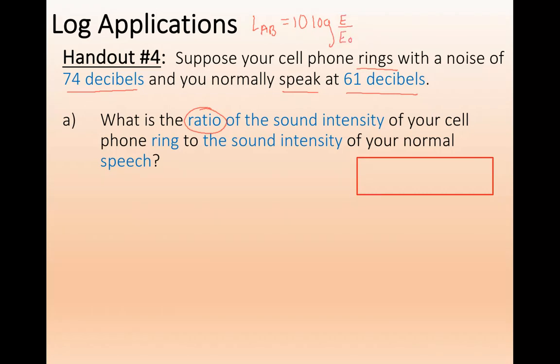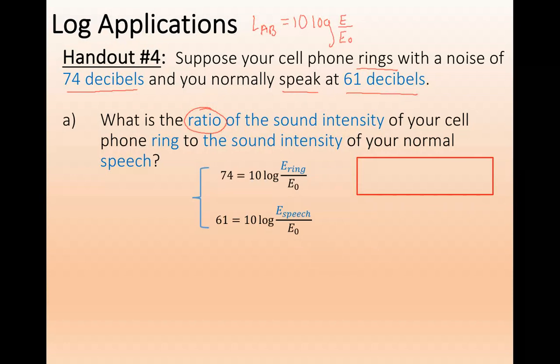Really, I have two of these, and E is the actual sound. This is the decibels. So 74 equals this, and 61 equals this. I should be setting up two equations right now. 74 equals 10 log E sub ring over E sub 0. 61 equals 10 log E sub speech over E sub 0.